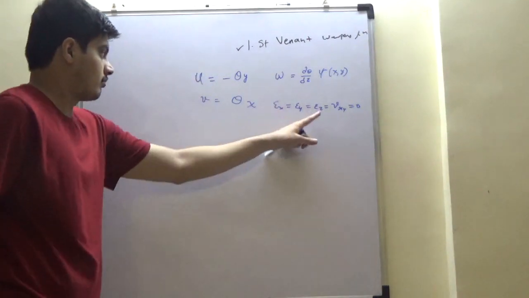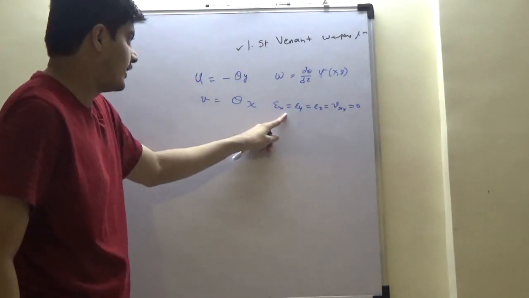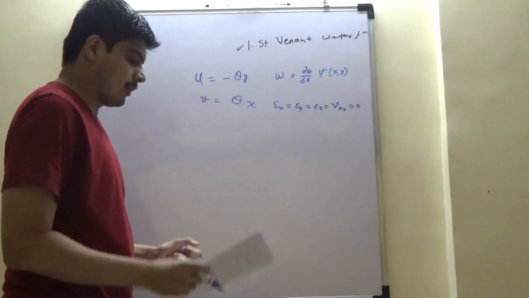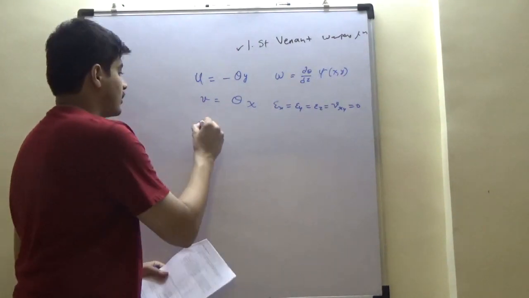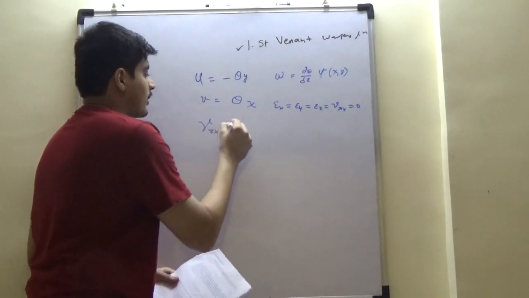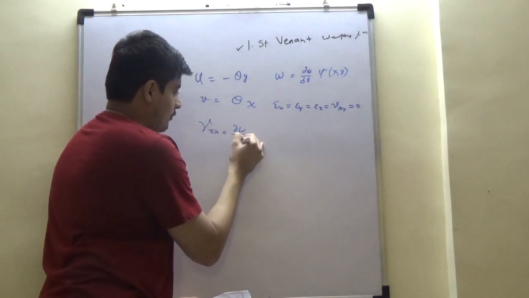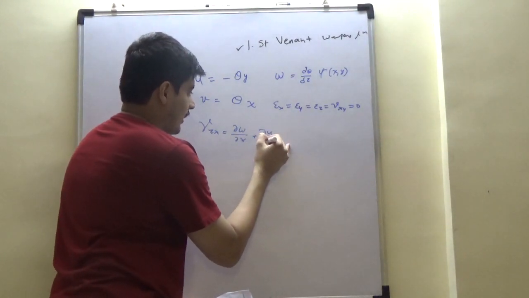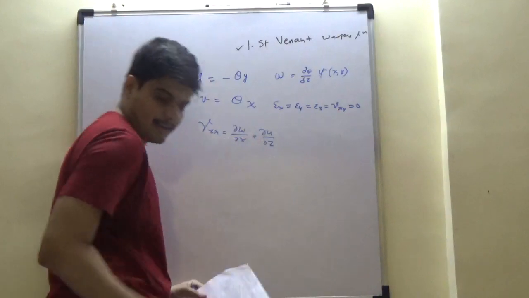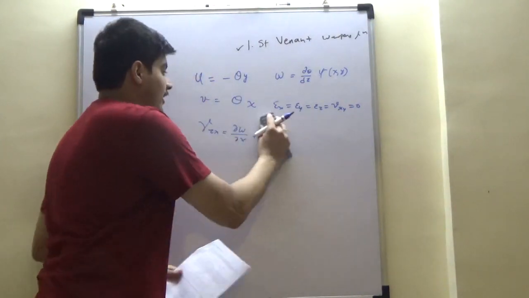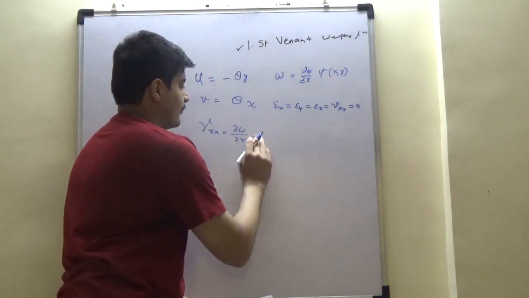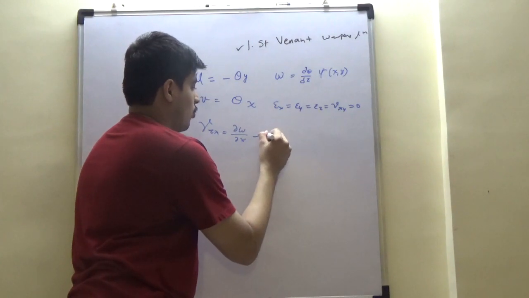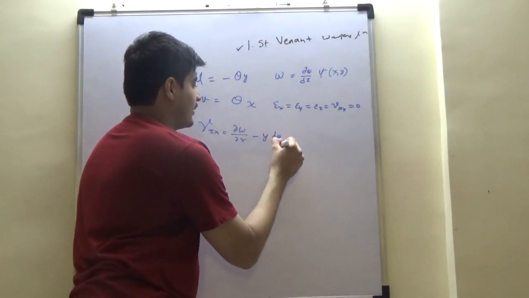This is also known. This automatically gets satisfied, right? Because you don't have to do anything. The formation is such that it is this. Now, gamma Zx is del W by del x plus del U by del z, right? And del U by del z, as we know clearly, is nothing but minus y d theta by dz.